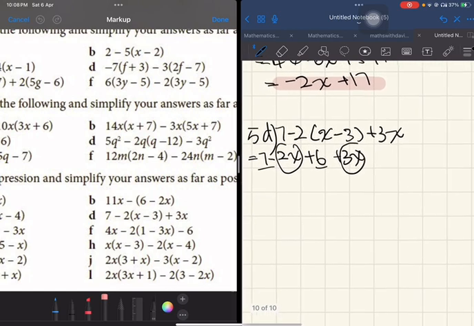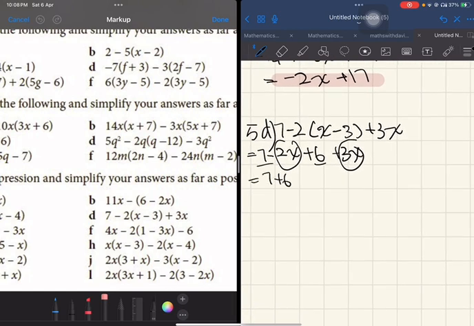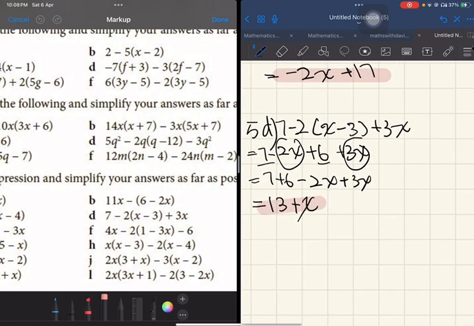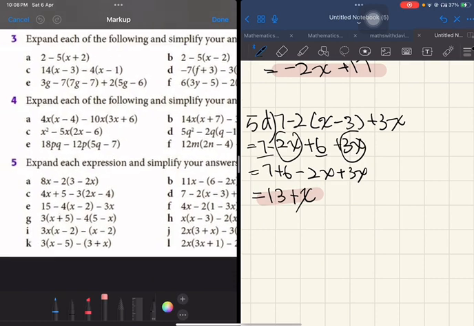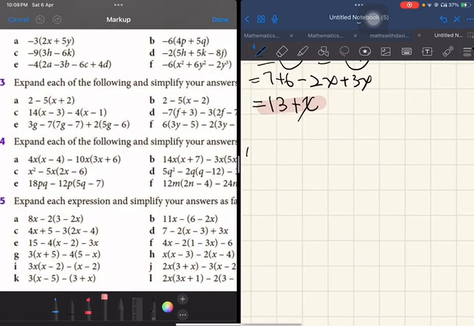Combine them, and we get 13 plus x. Okay? 13 plus x. Always remember the negative, positive, negative, and negative, negative, positive policy when you're doing these types of questions.